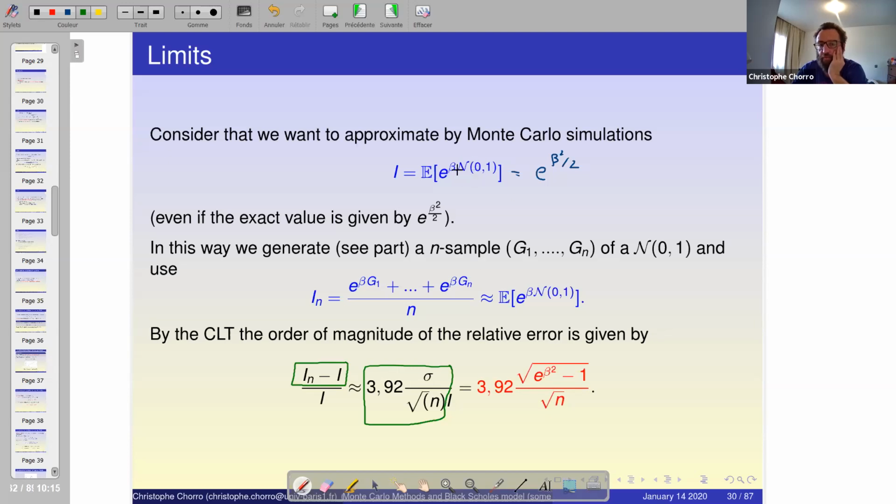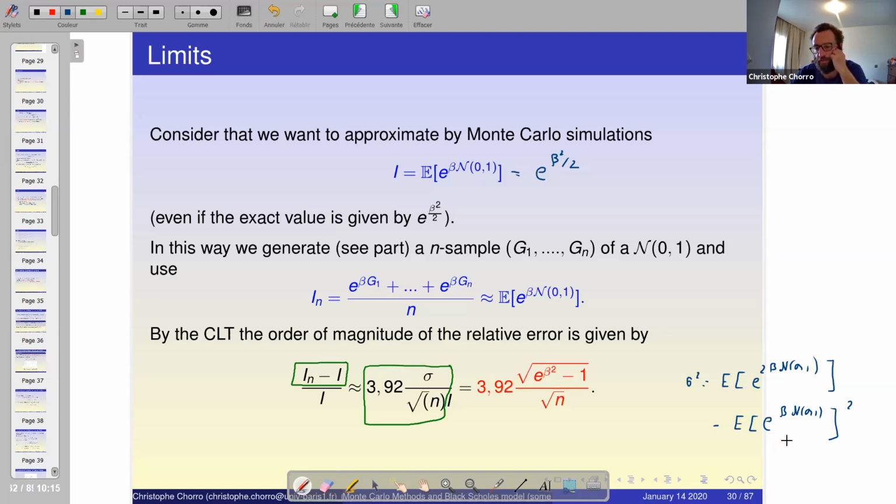Very easy to compute because I have here sigma squared, that is just the expectation of this one squared, that is exponential of beta N(0,1), squared, minus the expectation of exponential of beta N(0,1), squared. This one may be computed using the moment generating function of N(0,1).